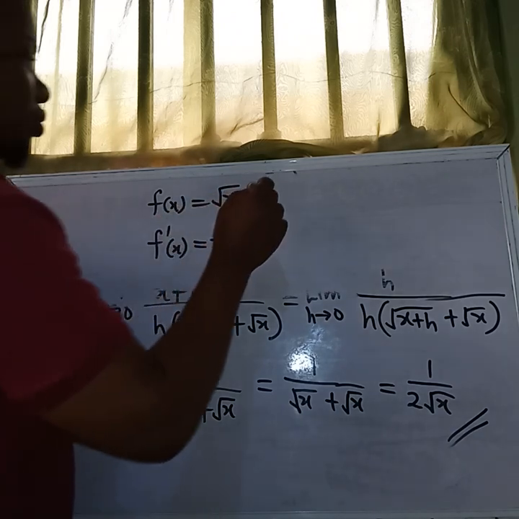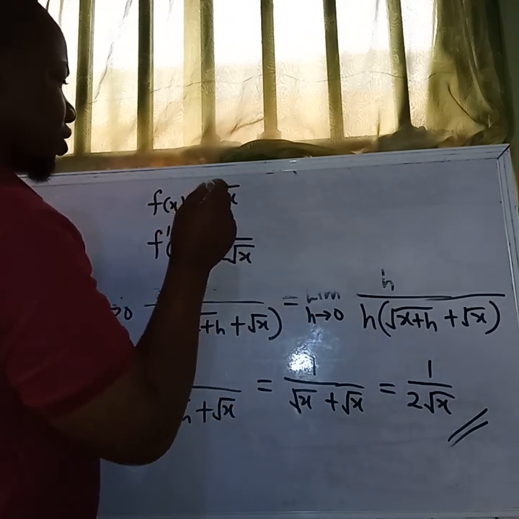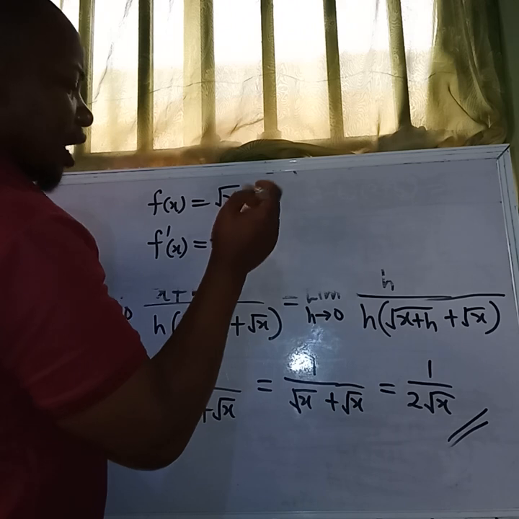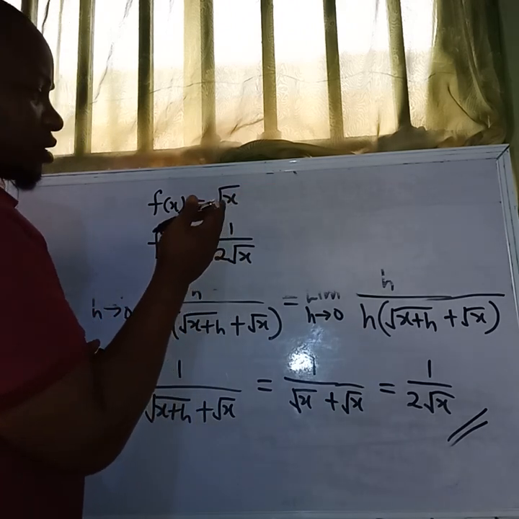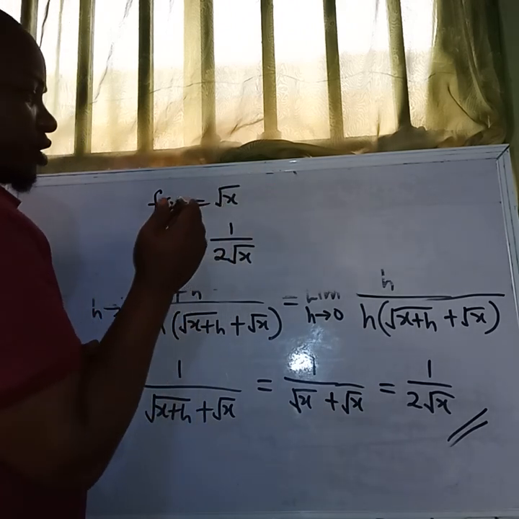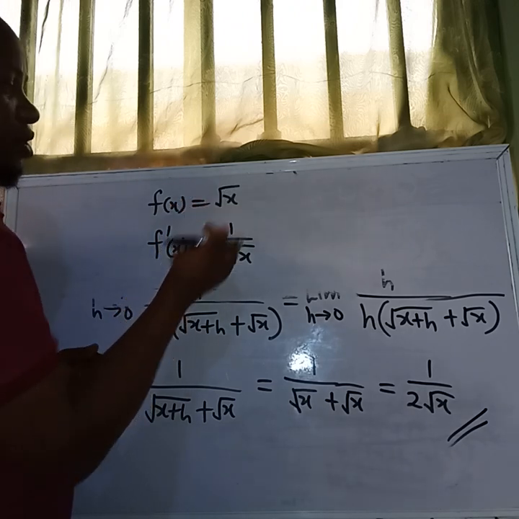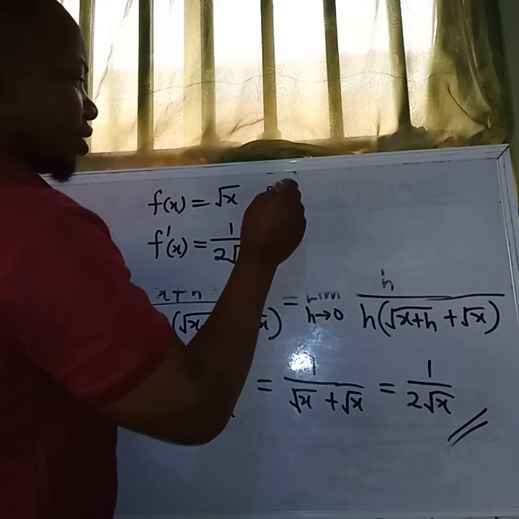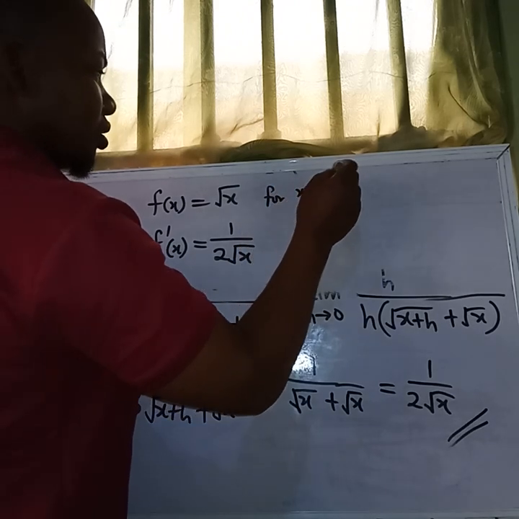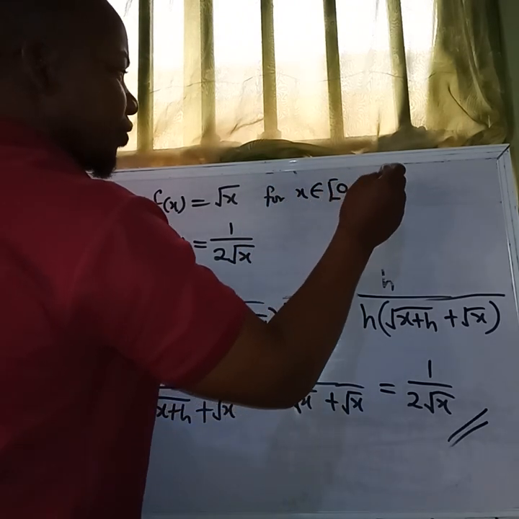The domain of f of x, as I said, ranges from 0 to infinity. It is 0 because any term under the square root must be non-negative.